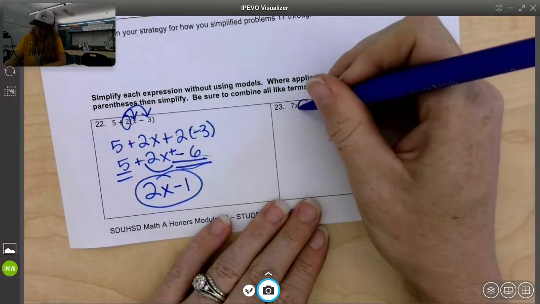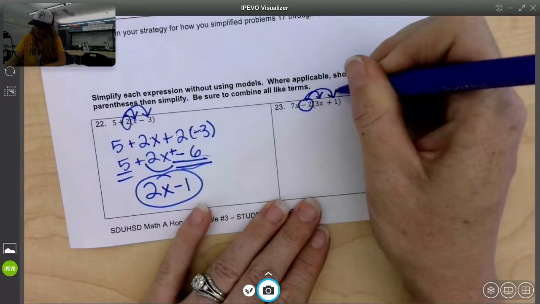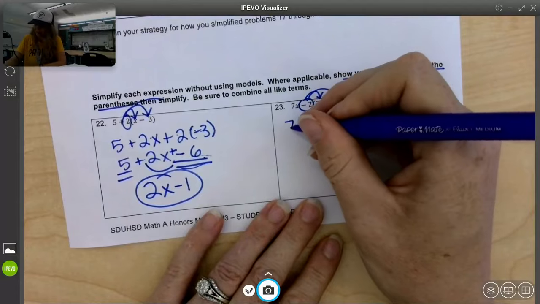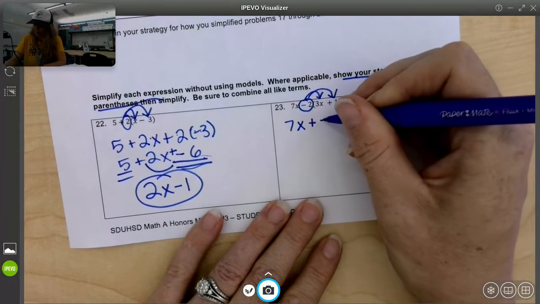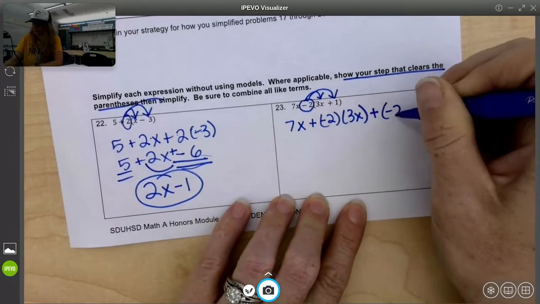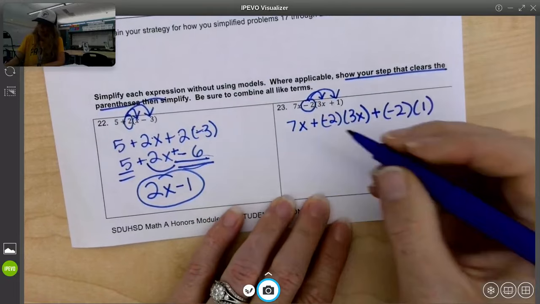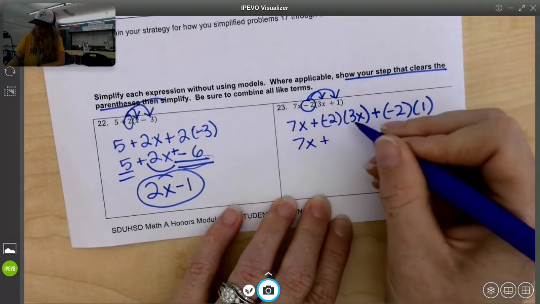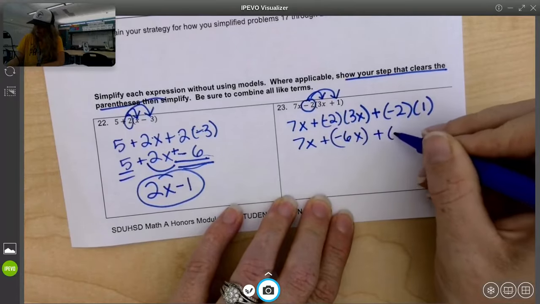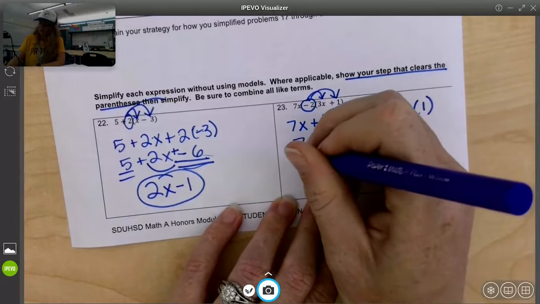Okay, next one, I'm distributing that negative 2, circle it and lasso it up. I'm showing our step that clears the parentheses, then simplify. 7x plus negative 2 times 3x plus that negative 2 times 1. 7x plus, this gets you negative 6x plus -2. Sort out your like terms.